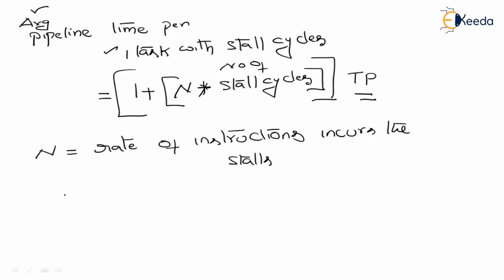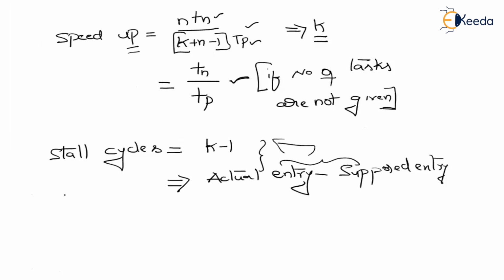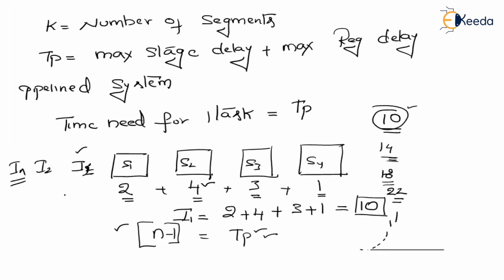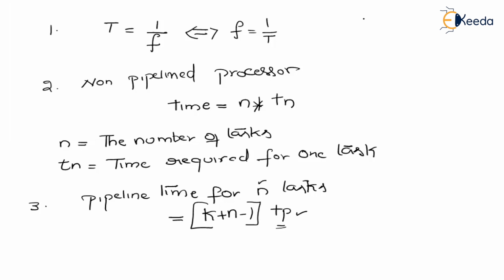Now, these are the complete formulas and rules in order to solve any question in the pipeline. Okay. Just go through these rules again. T is equal to 1 by F is equal to 1 by T. Non-pipeline processor time is equal to n into Tn, in which n is the number of tasks, Tn is time required for one task.